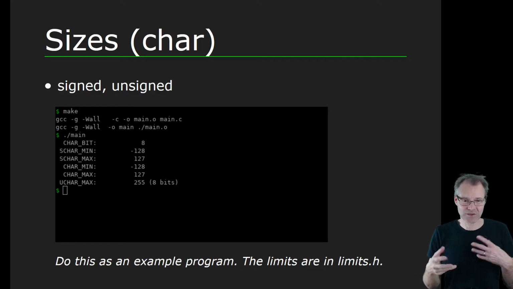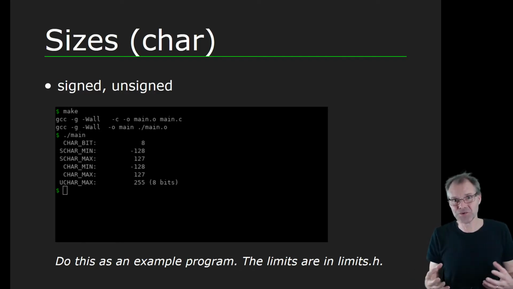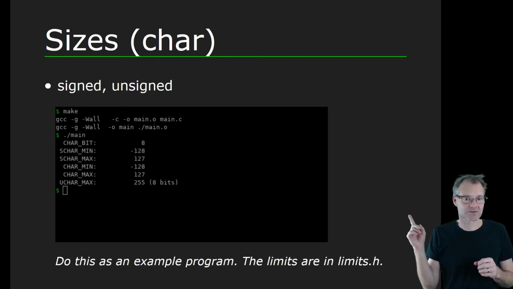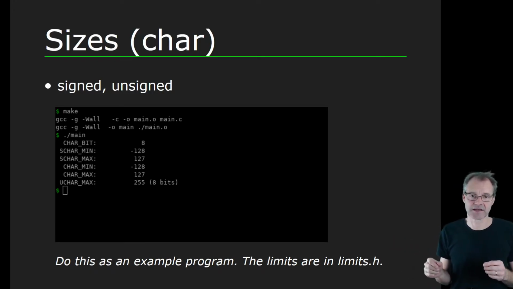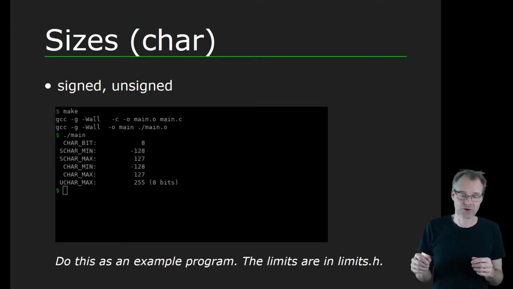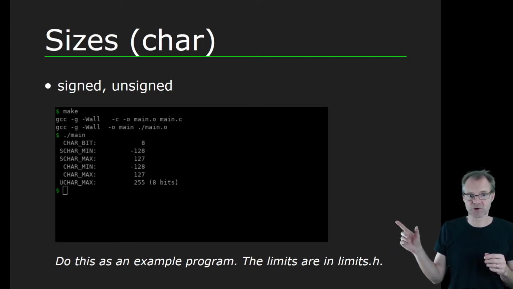When we come to a new programming language, I find it's really helpful to investigate how it works. So here I made a small example program just checking how large a char could be. I find all these limits in the limits.h include file. So I extracted them and made a small program.